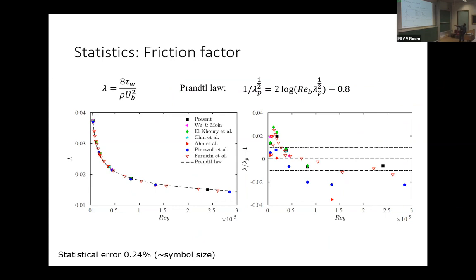The new data is these black squares. The green diamonds are other simulations that we did at the same time with our NEK5000 code, just to validate that everything is fine. It turns out that we have a perfect match up to Re_tau 2000, and then Re_tau 5000 is only done with one code. So this was for the friction factor.